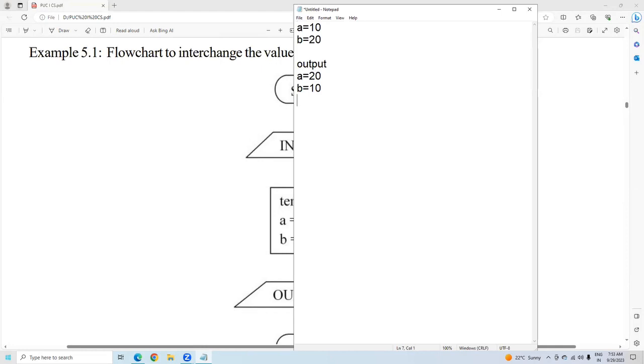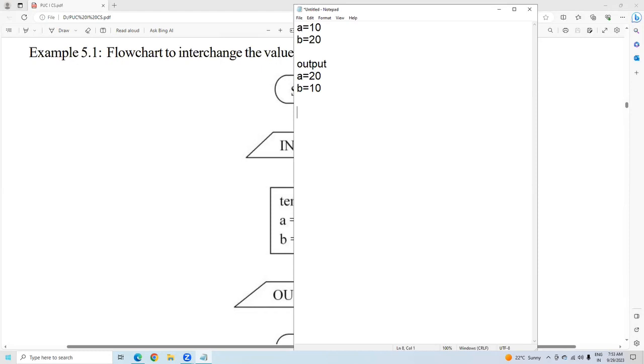But how can it be assigned? For that, there is one example. Assume that there are 2 glasses. One glass contains mango juice. Another glass contains orange juice. Both glasses are full of juice. Now you have to interchange the contents of these 2 glasses.